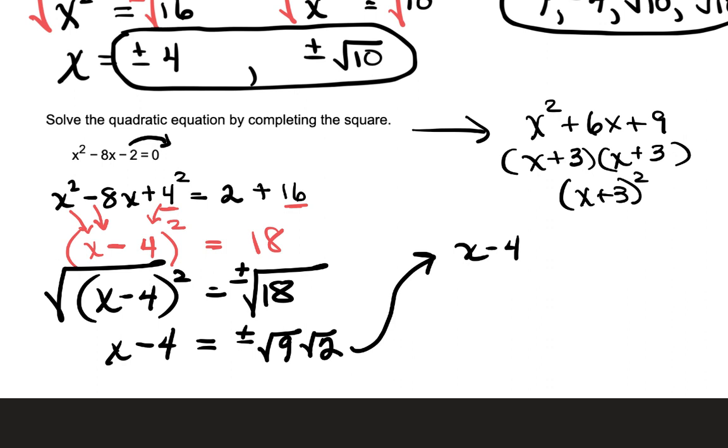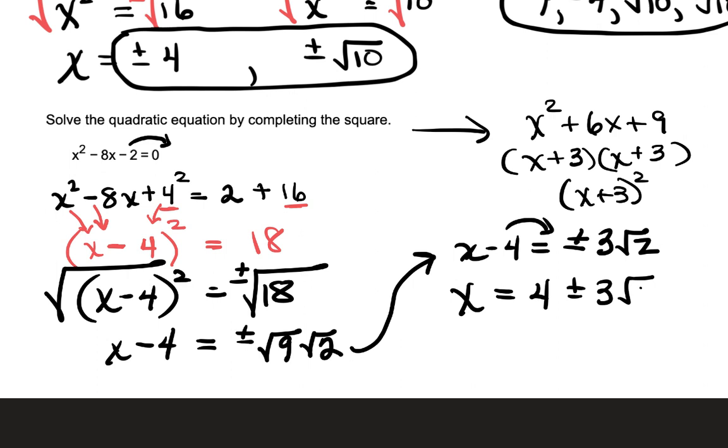So let's do it right over here. X minus 4 equals. There you go. Last step, we want to solve for x, so let's add 4 to the other side. So take 4 over there. You get 4 plus and minus. That's your answer.